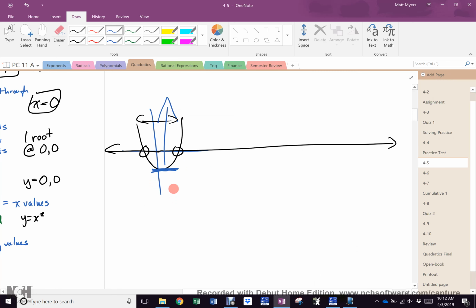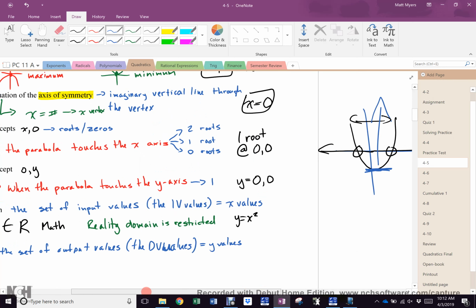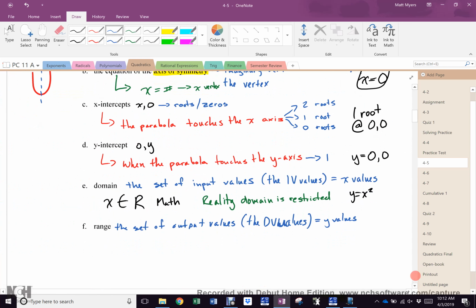Will there ever be a y value lower than the vertex? No. So the range is always greater than the y of the vertex if the vertex is a minimum.